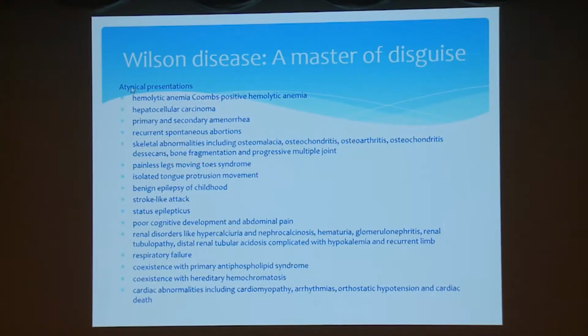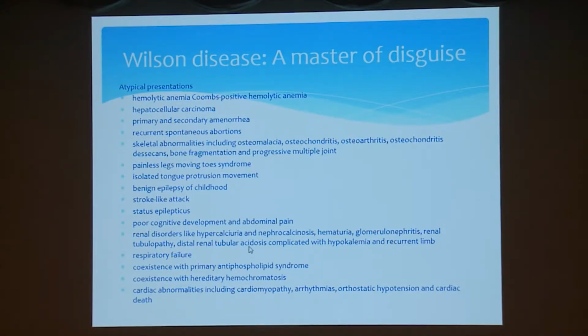On the other hand, for atypical presentations, there are still a lot. Patients can present with HCC. They can have endocrine problems like amenorrhea or recurrent abortions. Some will present with joint problems, osteoarthritis. Some will have restless legs syndrome, isolated tongue protrusion movement, benign epilepsy of childhood, stroke-like episodes or status epilepticus, recurrent abdominal pain, renal problems like stones or nephrocalcinosis, hematuria.